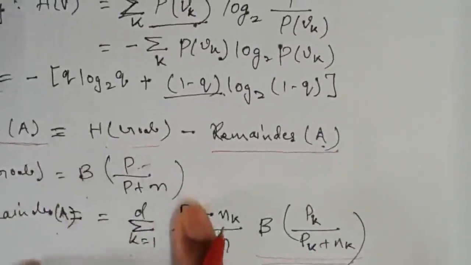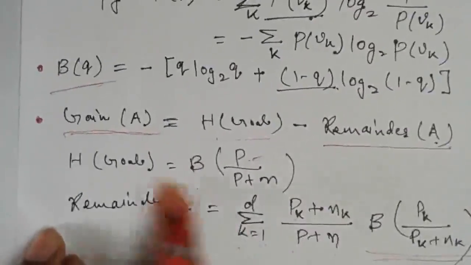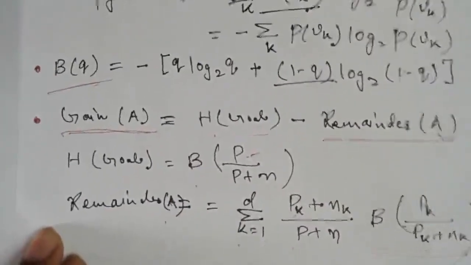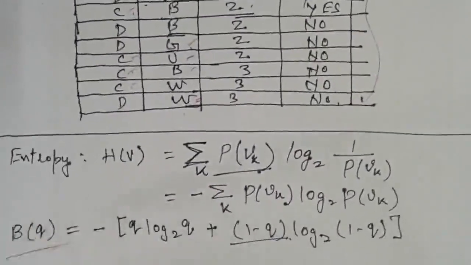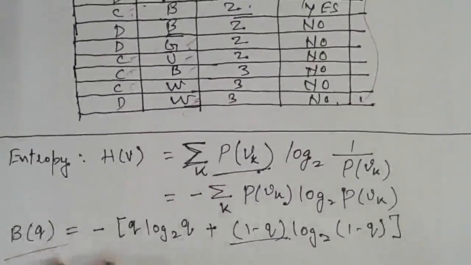That will give you the remainder of attribute A. So let's illustrate this concept using this example.